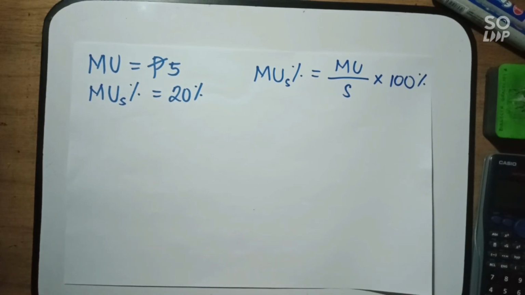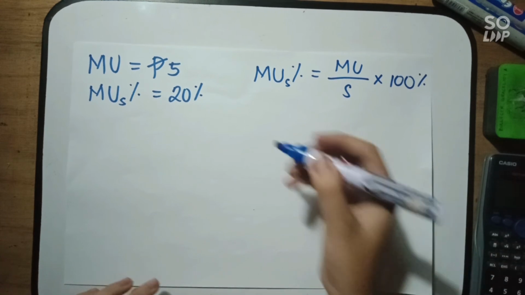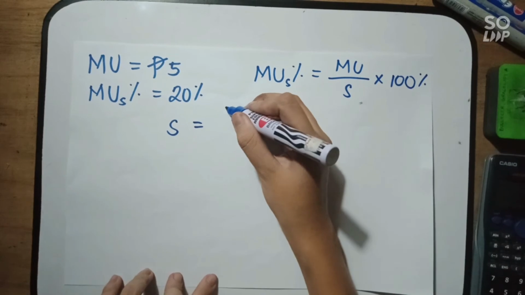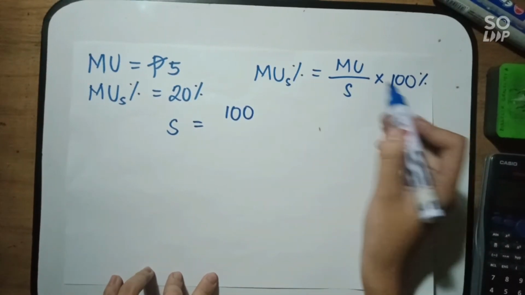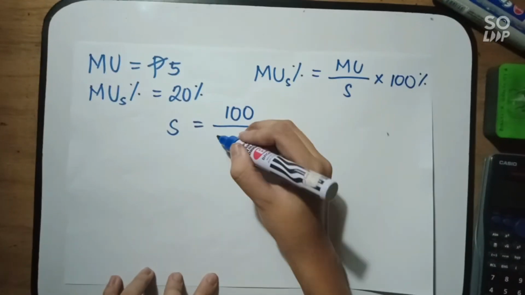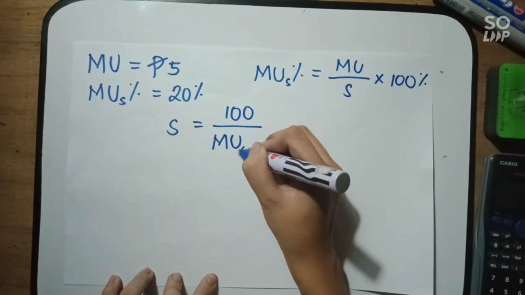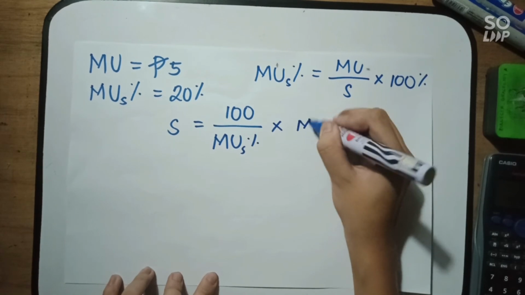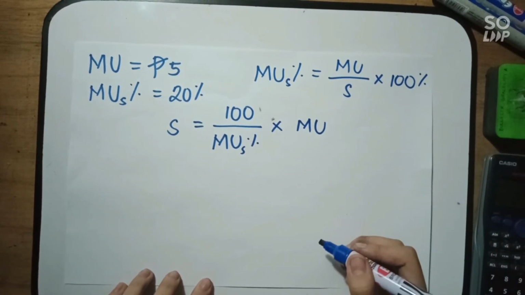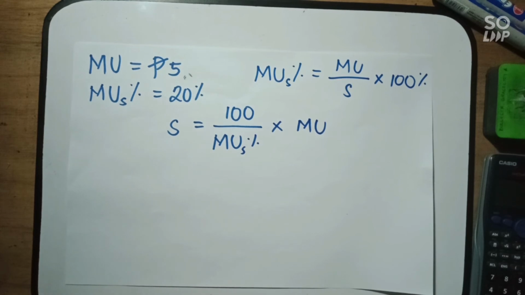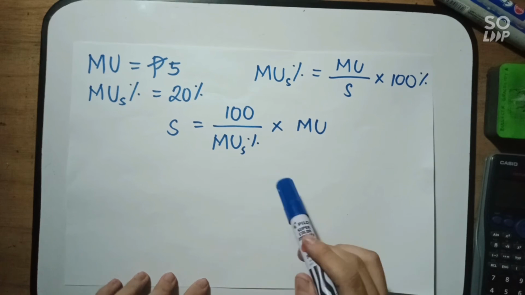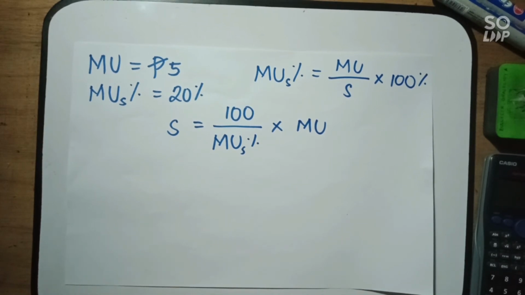So in computing the selling price, the formula would be selling price is equal to 100 over the rate of the markup based on selling price times the markup. Since we already have the formula, we substitute the given values and solve the equation.